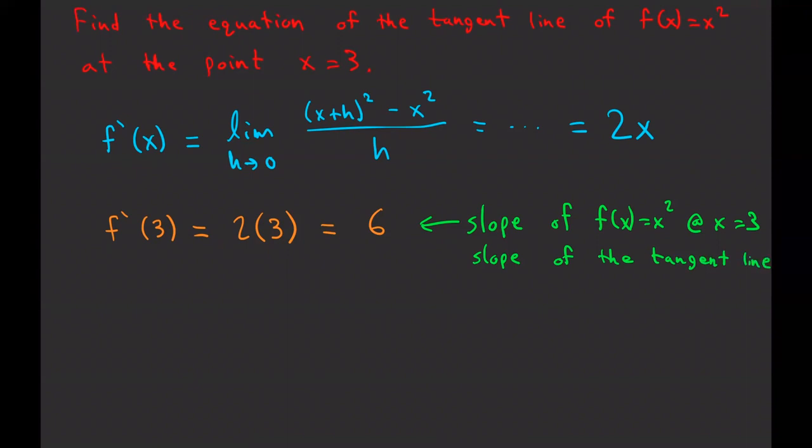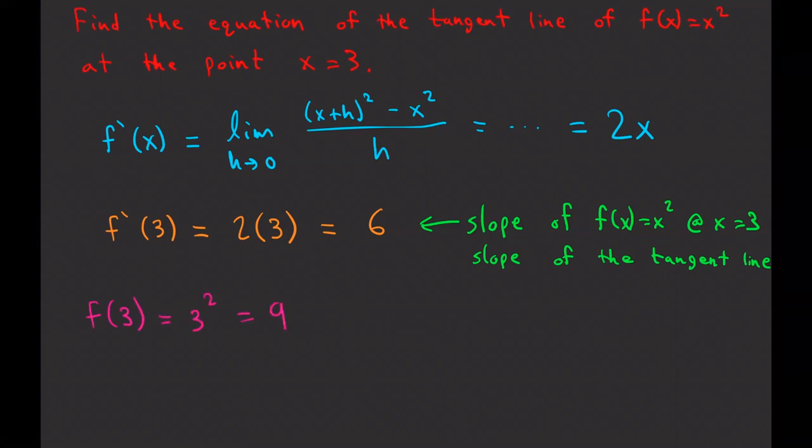Now the only thing we need is the point, right? And we actually already have the x value, so we might as well just carry on and find the y value. So let's go ahead and do that. Let's say that f of 3 is equal to 3 squared, which is equal to 9.